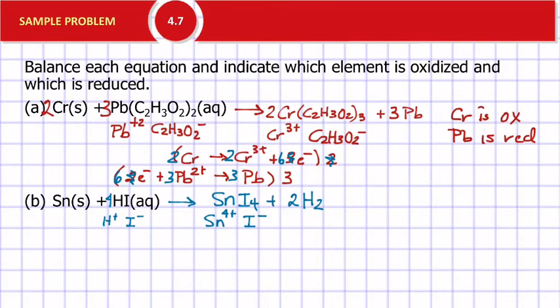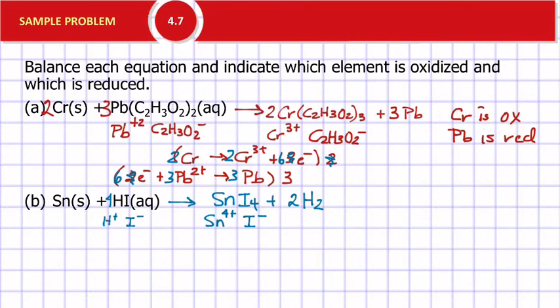How could we identify what's being oxidized without doing half reactions? It becomes an ion. If it becomes an ion, yeah. So here we've got tin going from tin 0, no charge, to tin 4+. How does it do that? Does it lose electrons or gain electrons? It loses electrons, right?